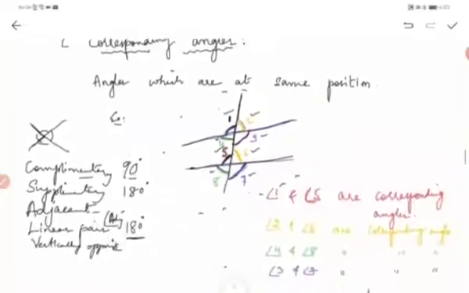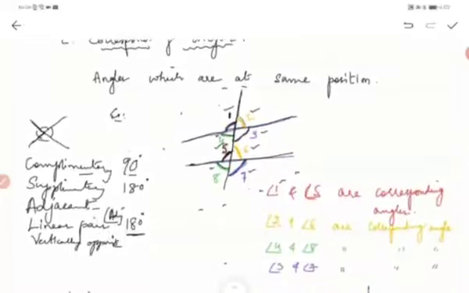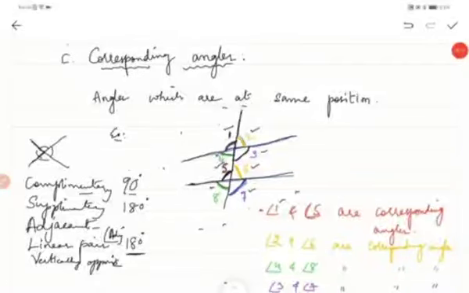Okay, and you have corresponding angles as 1 and 5, which are in the same position. Corresponding angles are the angles which are at the same position. So at this position it is 5, isn't it?